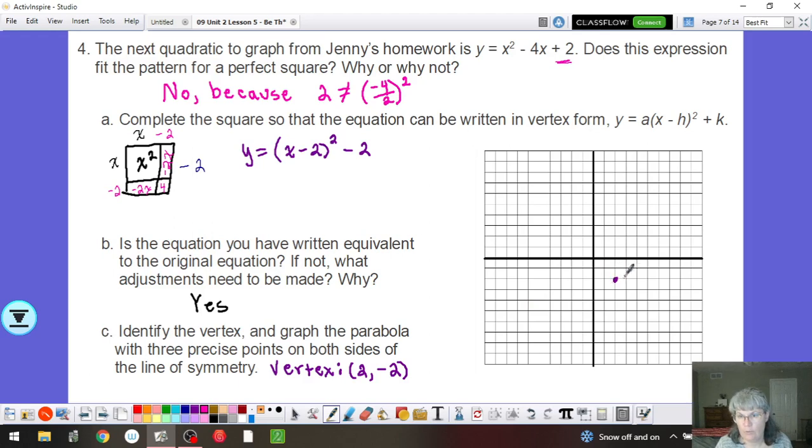So 1 unit away horizontally is 1 unit vertically. 2 units horizontally is 4 units vertically. And 3 units horizontally is 9 units vertically. And this is our parabola.